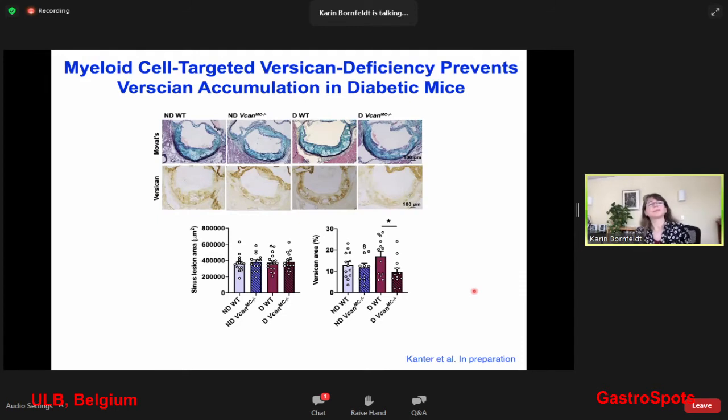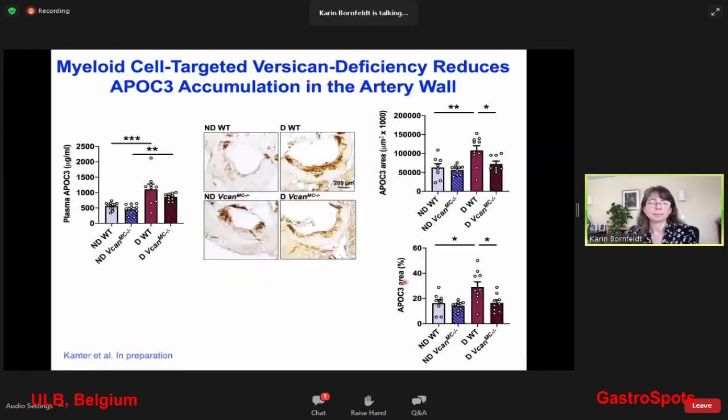Okay, great. So when we did that, we looked at the sinus lesions again, and there was no difference in lesion size. But by knocking out Versican in the myeloid cell compartment, we saw a reduced presence of Versican in these lesions. So some of the Versican in the lesions is indeed coming from the macrophages or myeloid cells.